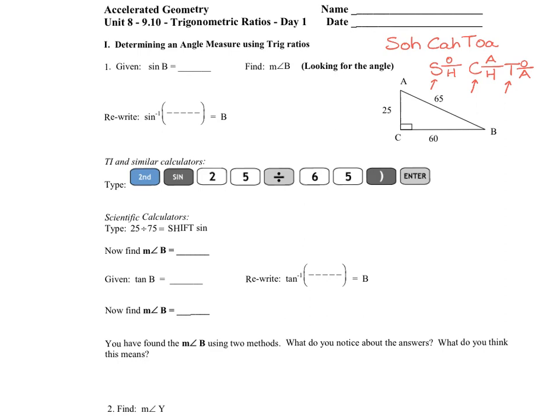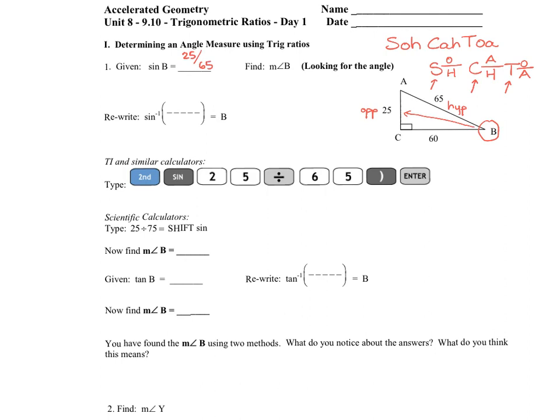So just starting off, we know how to find the sine of angle B. So if we start with our angle B, we want sine. So opposite over hypotenuse would be 25 over 65.